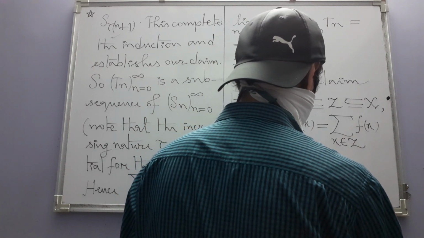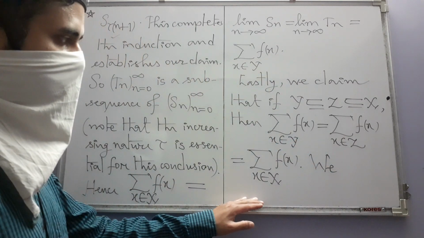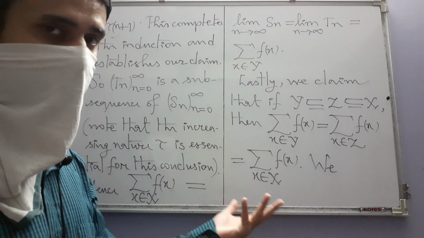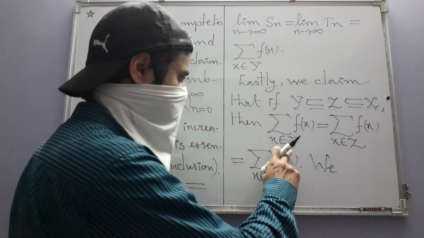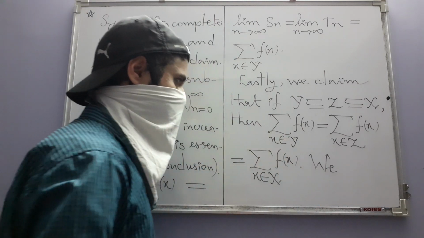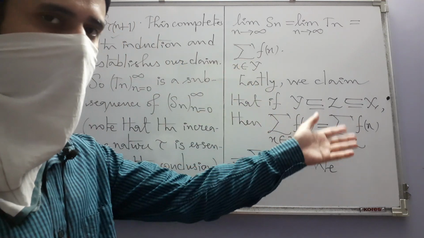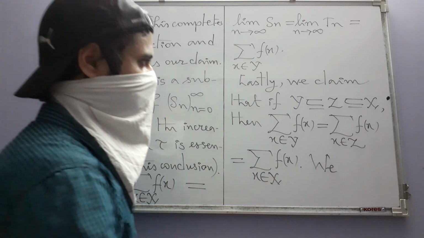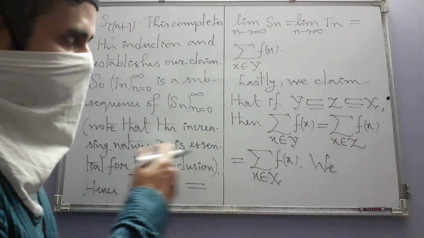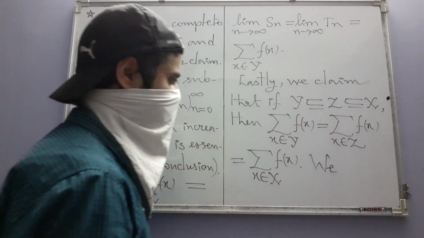Now, what is the premise of this? What are our hypotheses? Again, same thing. This is absolutely convergent, and y is the set of those x where f does not vanish. And z is some subset which lies in between y and x.